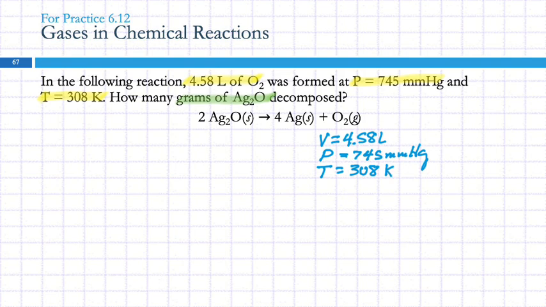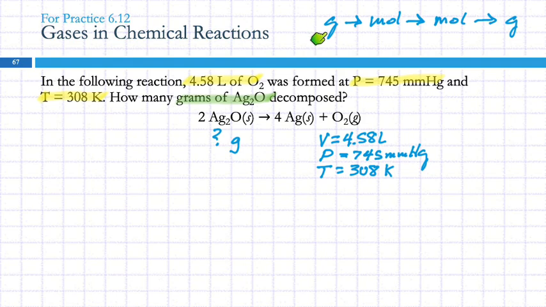The question is, how many grams of this reactant reacted to give that amount of product? So, stoichiometry, grams to moles to moles to grams. We're starting with oxygen here because that's what we've got all the information about. We're ending with Ag2O because that's where the question is.